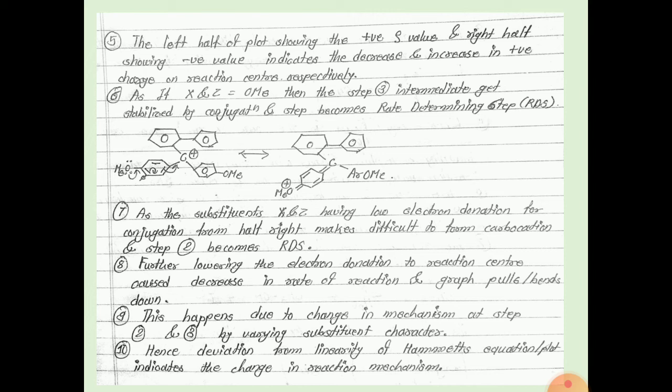Further lowering of electron donation to the reaction center causes a decrease in the rate of reaction, and the graph bends down. This happens due to the change in the mechanism at step 2 and 3 by varying the substituent character, and hence the deviation from linearity of the Hammett plot indicates a change in the reaction mechanism.